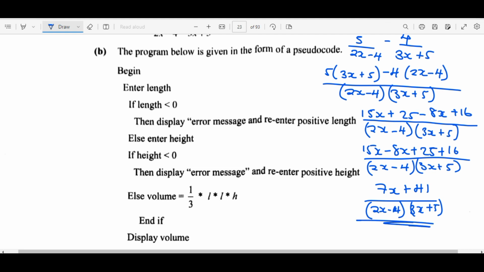So it means that we've answered the question.